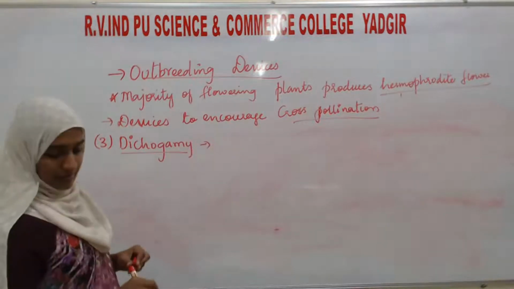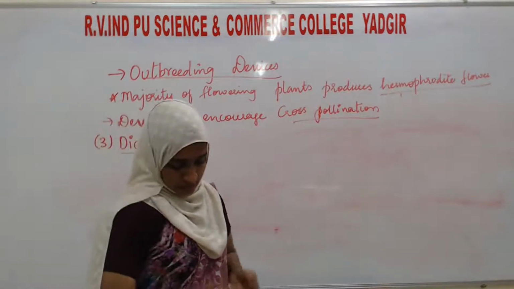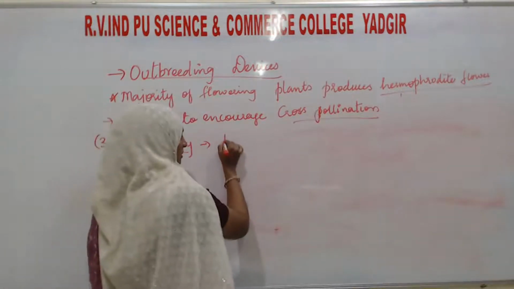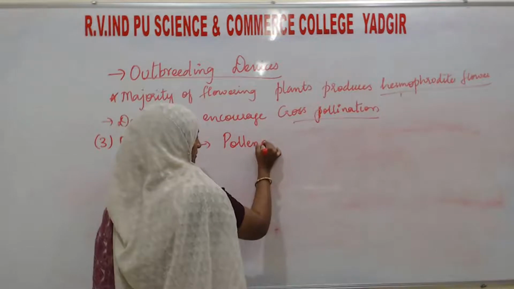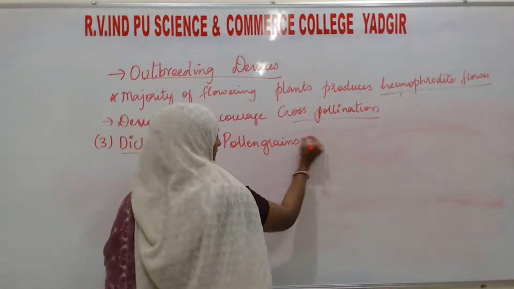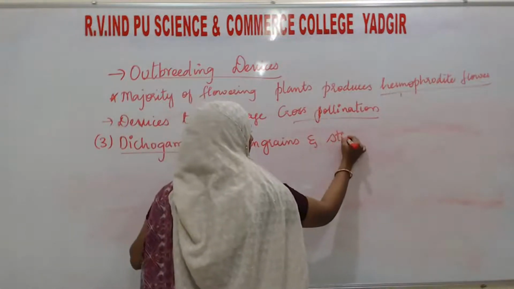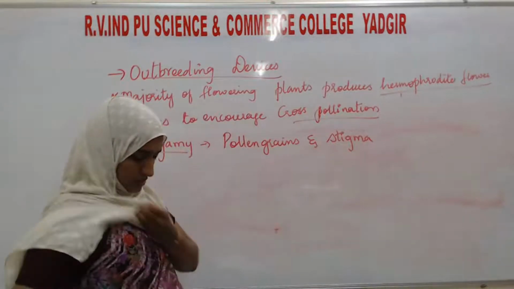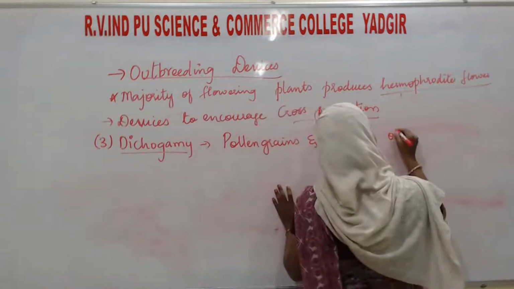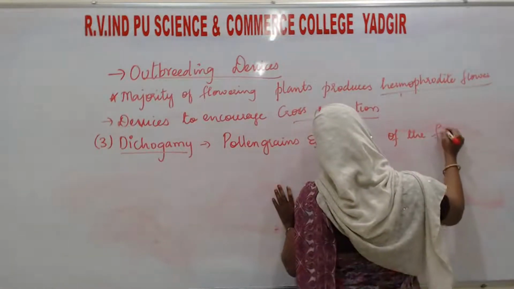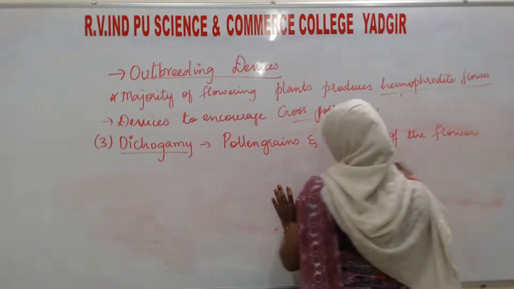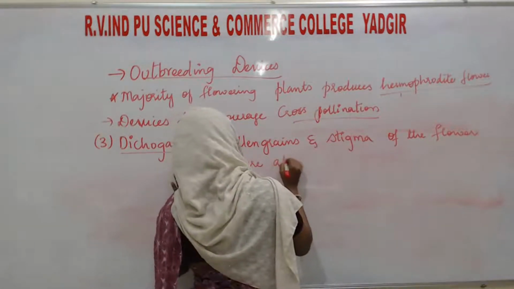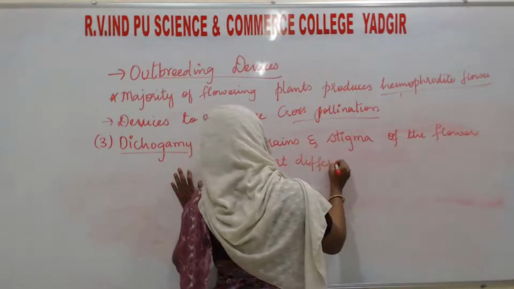What do you mean by dichogamy over here? See, pollen grains and the stigma of the flower mature at different times.